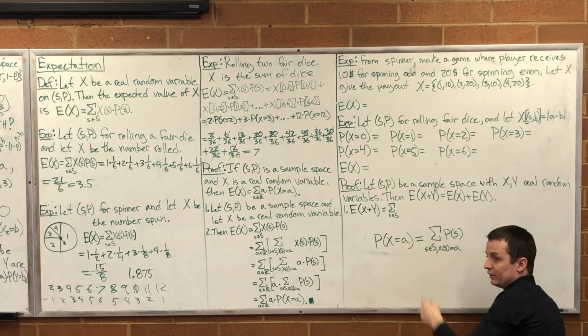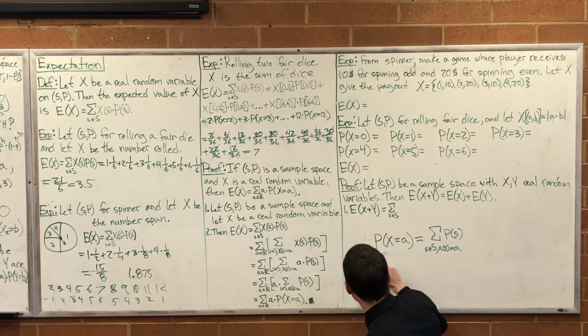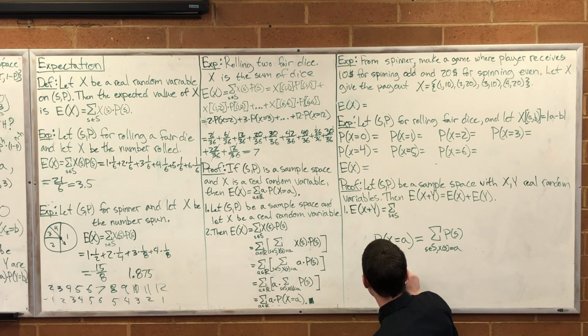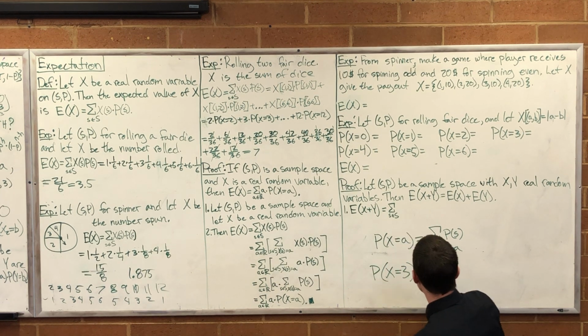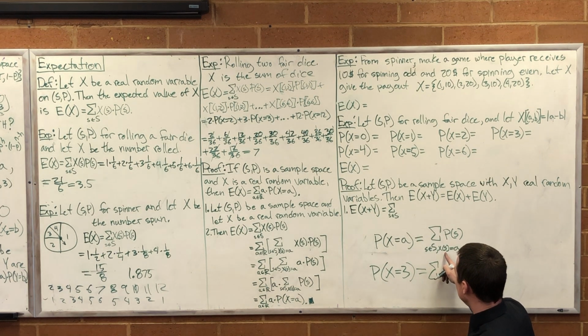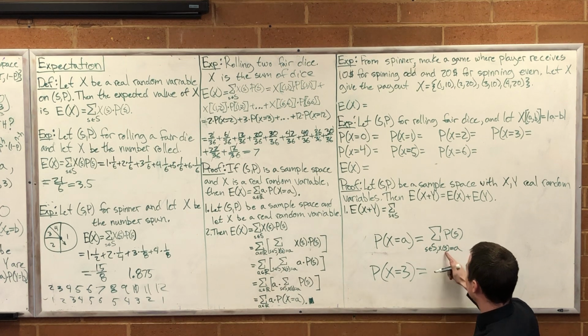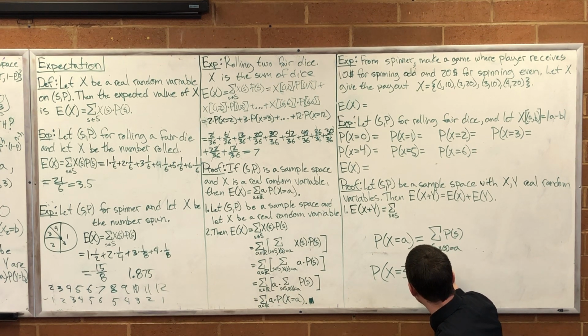When I say, what's the probability that X, when we're thinking about rolling two dice, is equal to 3, that's equal to the sum of the probabilities of all the outcomes that gave me a 3 in X of S. Well, there's two of them.